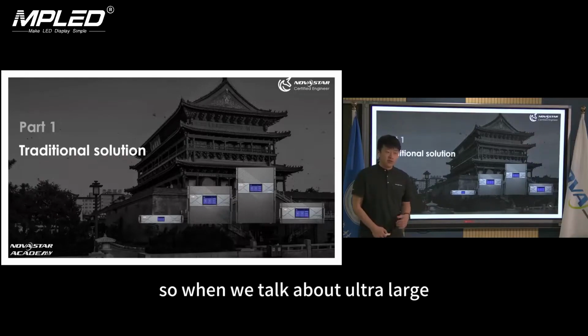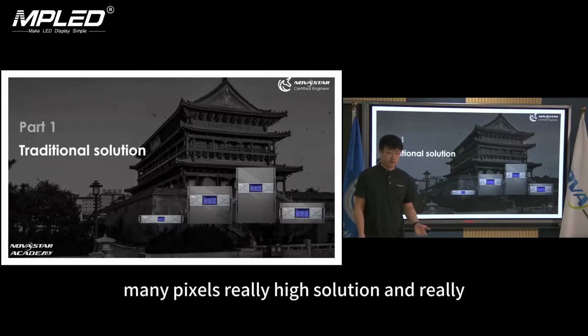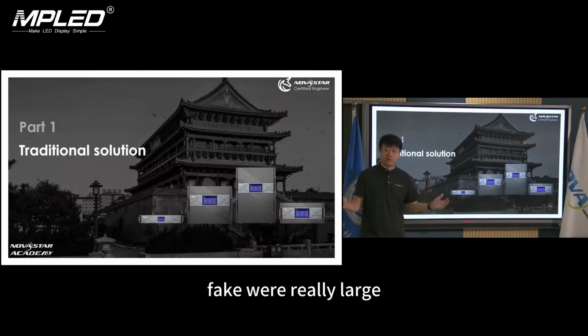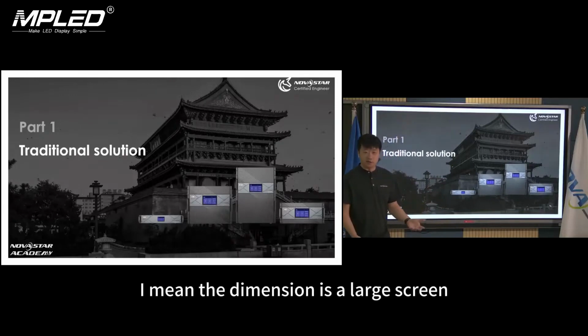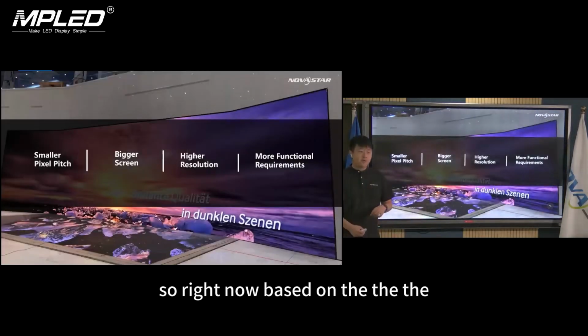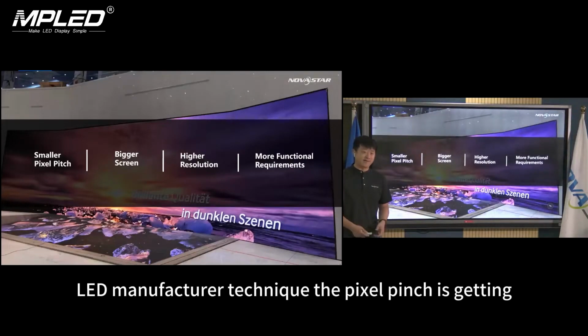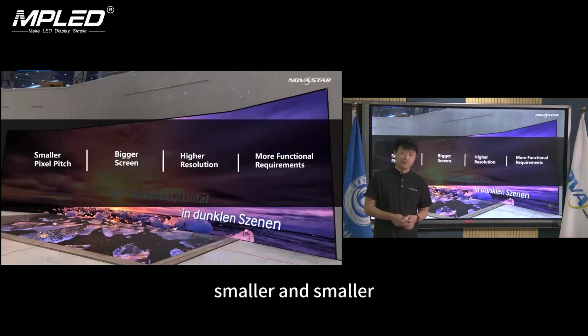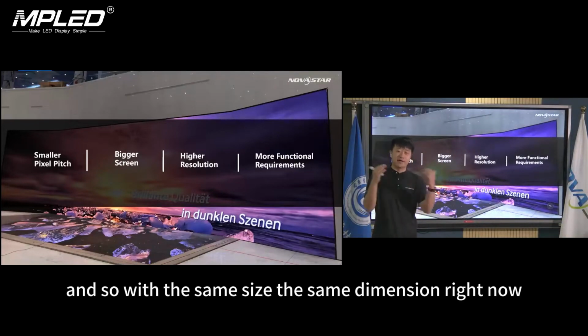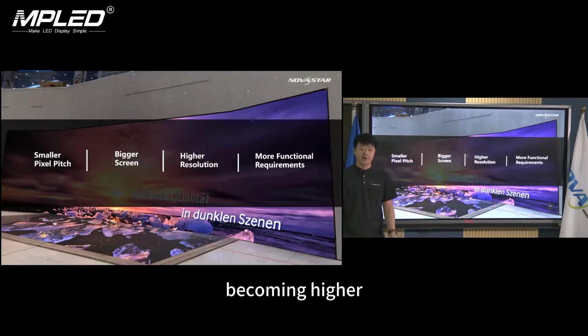When we talk about ultra large, it means you have many pixels, really high resolution, and a really large dimension of the screen. Based on the evolution of LED manufacturing technique, the pixel pitch is getting smaller and smaller, so with the same size, the resolution becomes higher.